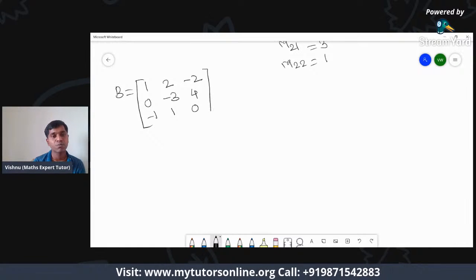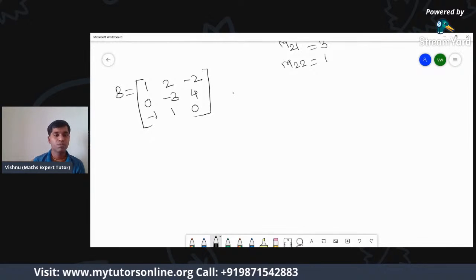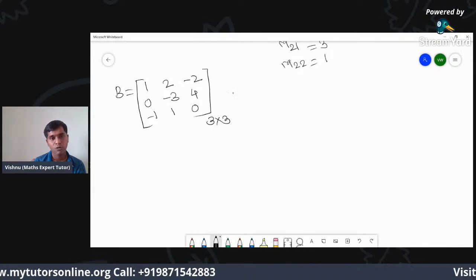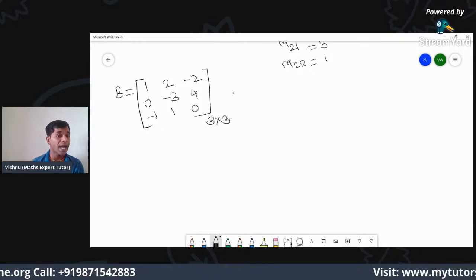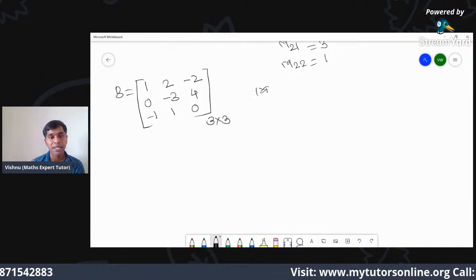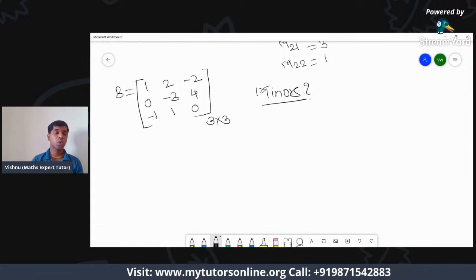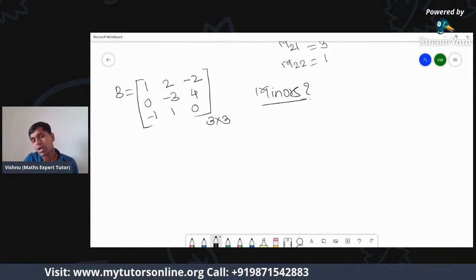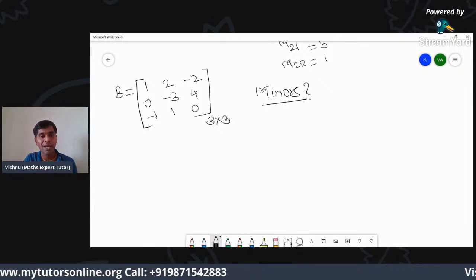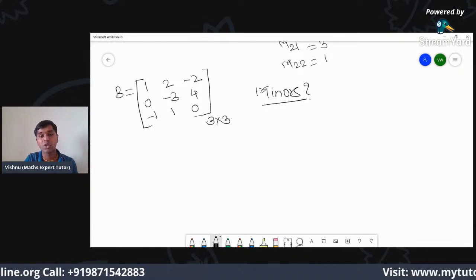Let's keep it 0. So this is a 3 by 3 matrix, and we want to calculate the minors. So the question is very simple.